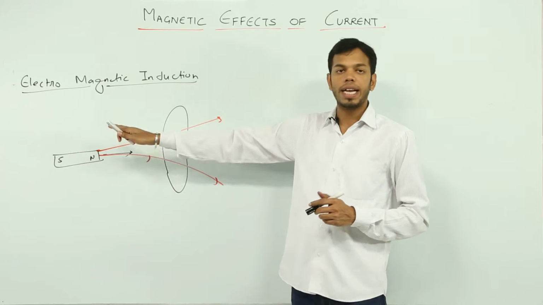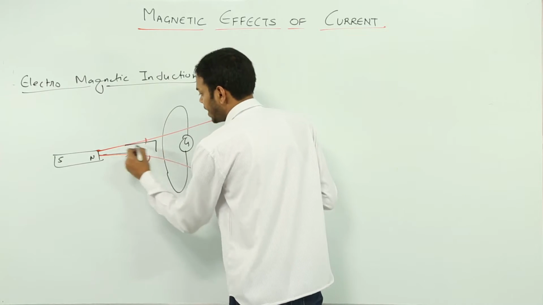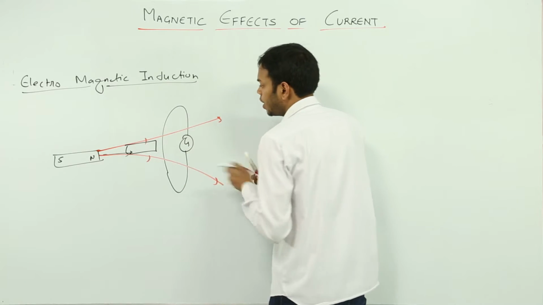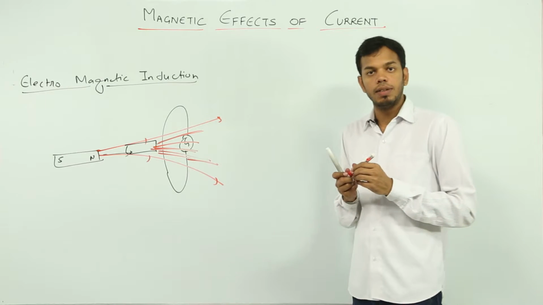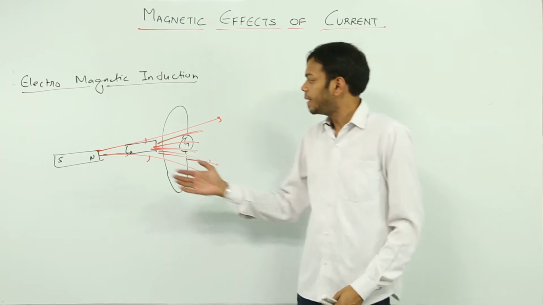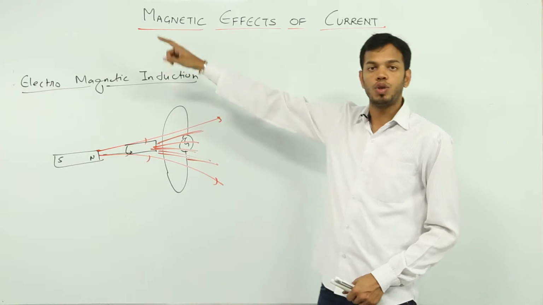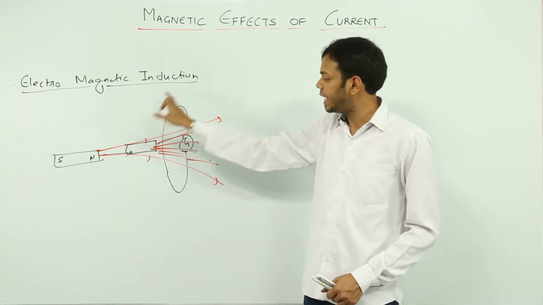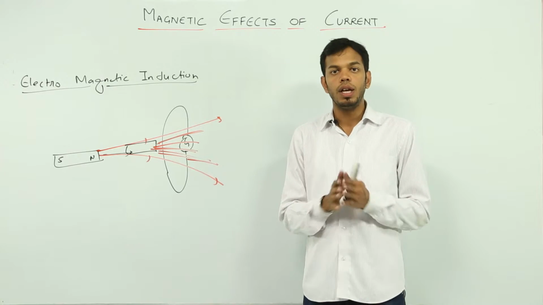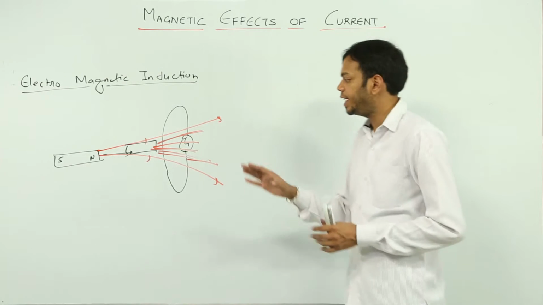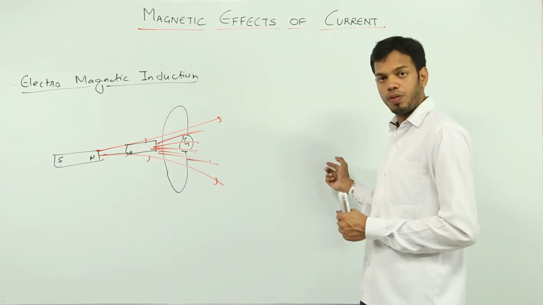So suppose when the magnet is far away, there are only 2 lines passing, and when the magnet is closer, suppose there are 20 lines passing. So what is changing? The number of magnetic lines of force. So whenever flux linked with a coil changes, an induced EMF is produced in it, which will last so long as the change continues, according to observation.